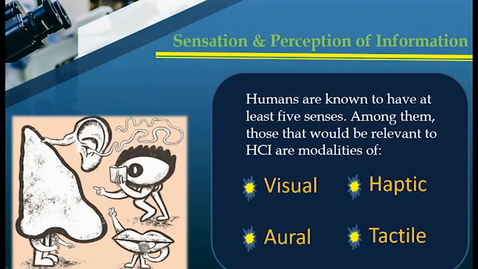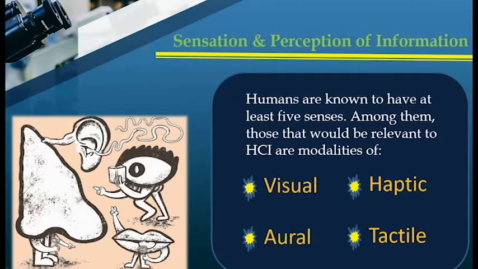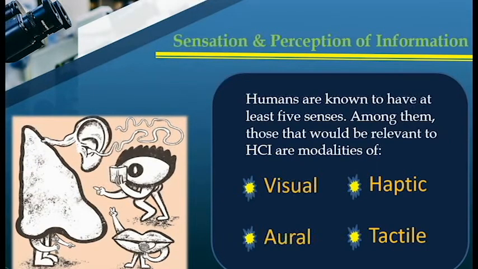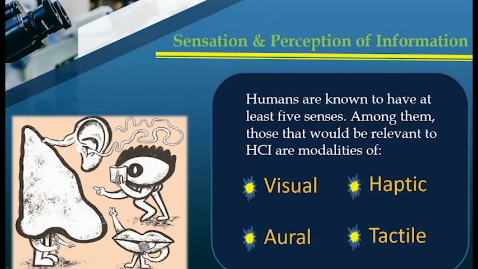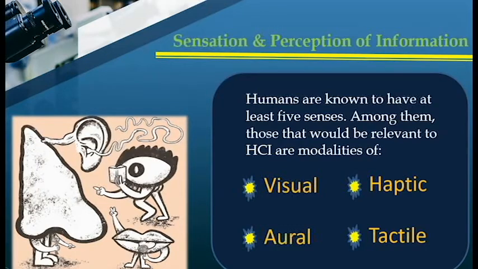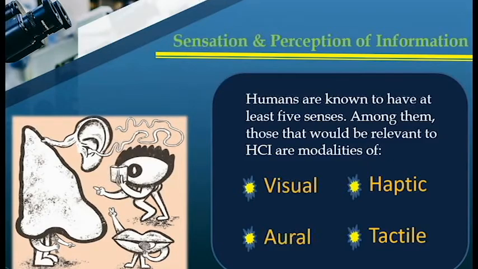So humans are known to have at least five senses, at least for now. Among them, those that would be relevant to HCI are the modalities of visual, aural, the haptic or the force feedback, and the tactile sensation. So these are the modalities that can be applied for HCI.